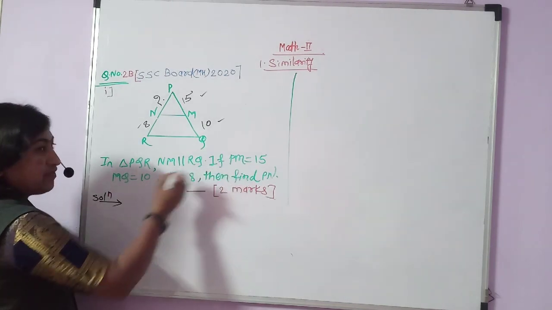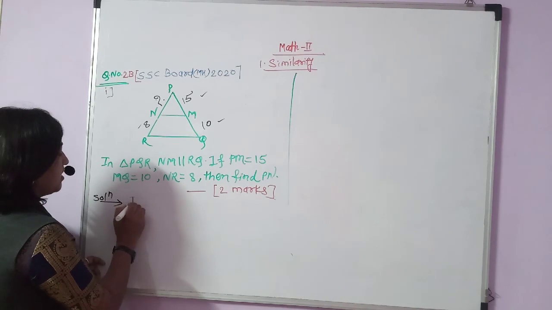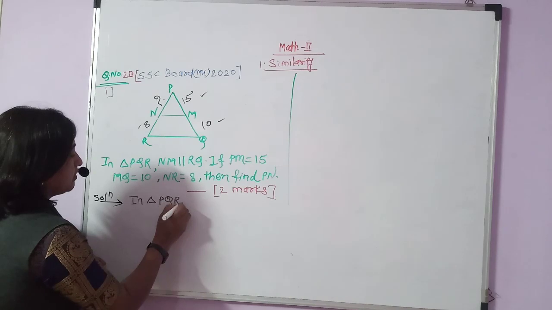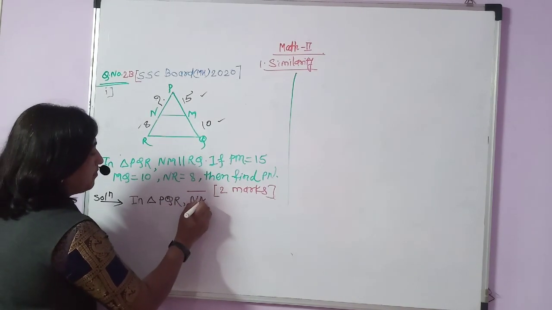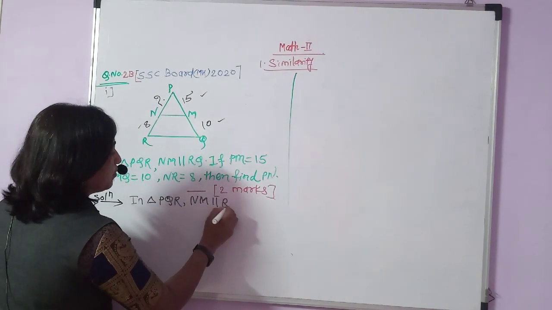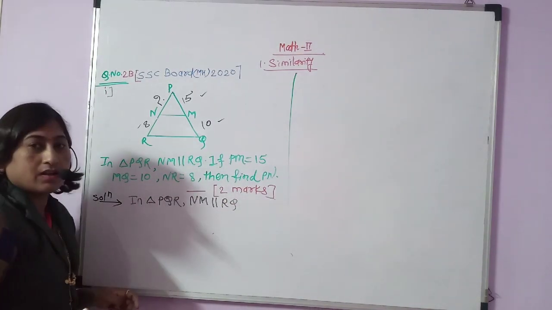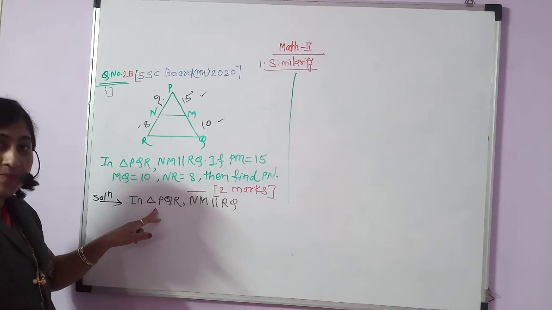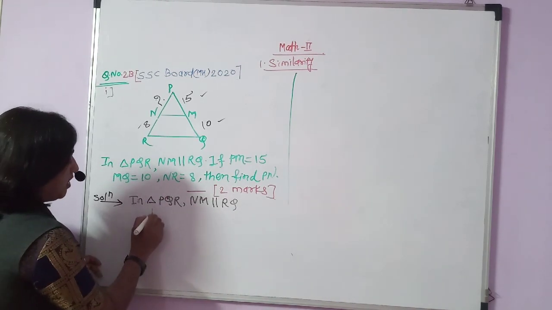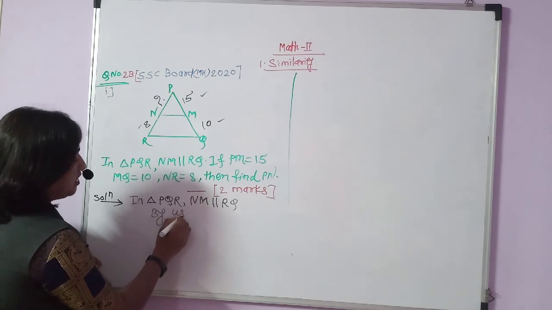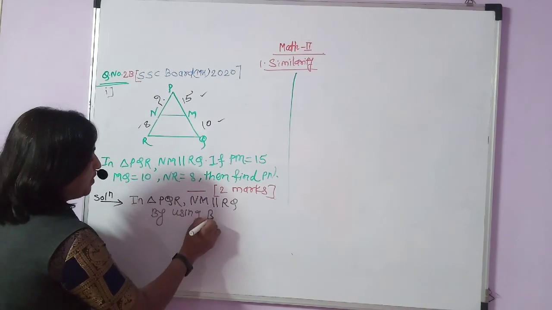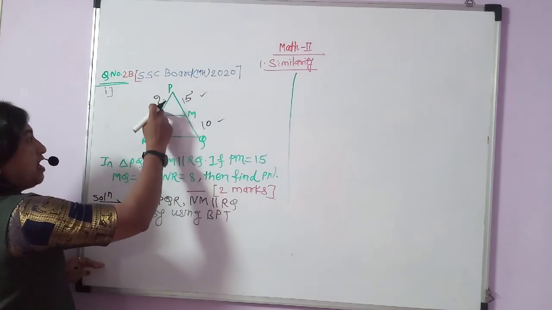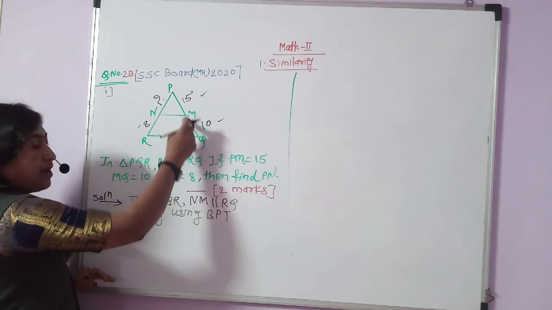So we write the given first: in triangle PQR, NM is parallel to RQ, and therefore by using the BPT theorem we get PN upon NR equal to PM upon MQ.